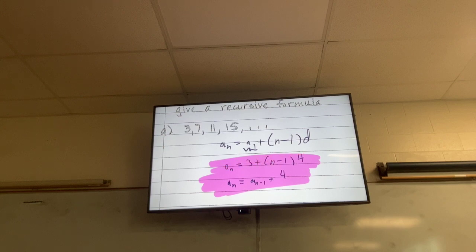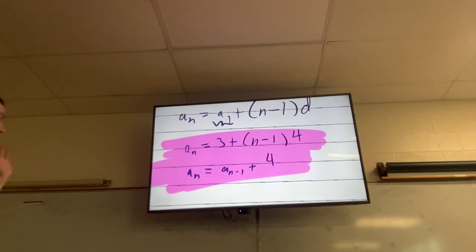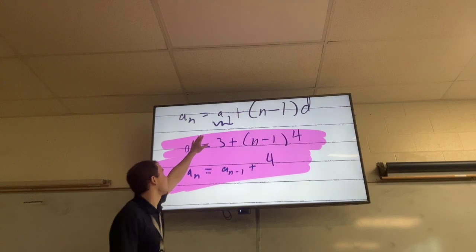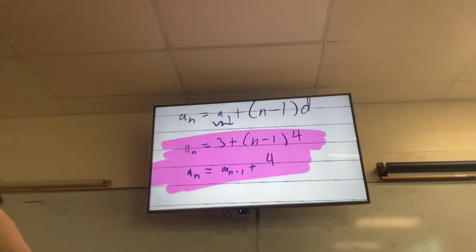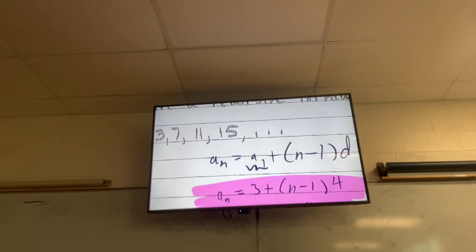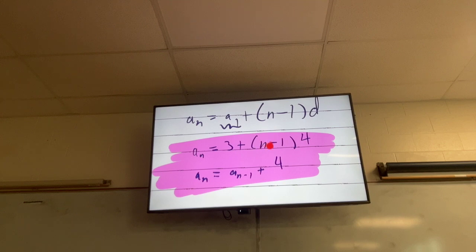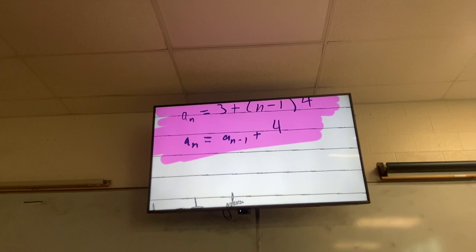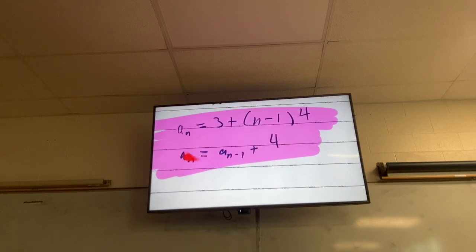So if I ask you, give me the 9,000th term of the sequence right here, all you would have to do is plug in 9,000 for n. That's what's nice about that. The recursive formula is always going to be a sub n equals a sub n minus 1.